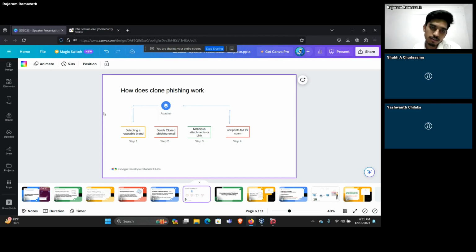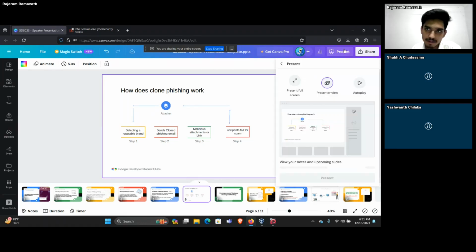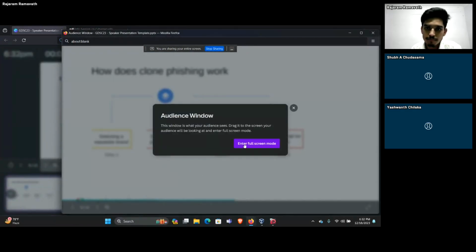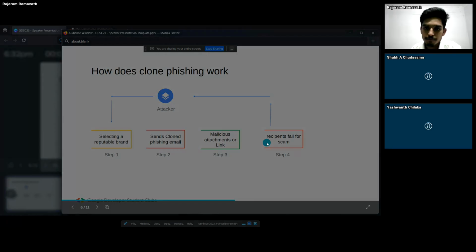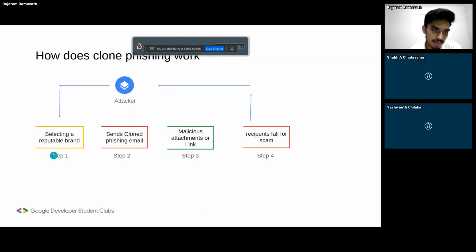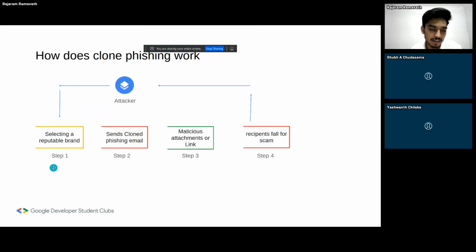Basically, as I told you, the attacker will be selecting a reputable brand. Let me present this full screen. So he will be selecting a reputable brand, let's consider Instagram, and then the attacker creates a clone of the web page which looks exactly like the reputable brand, and sends the cloned phishing email wherever he hosted.